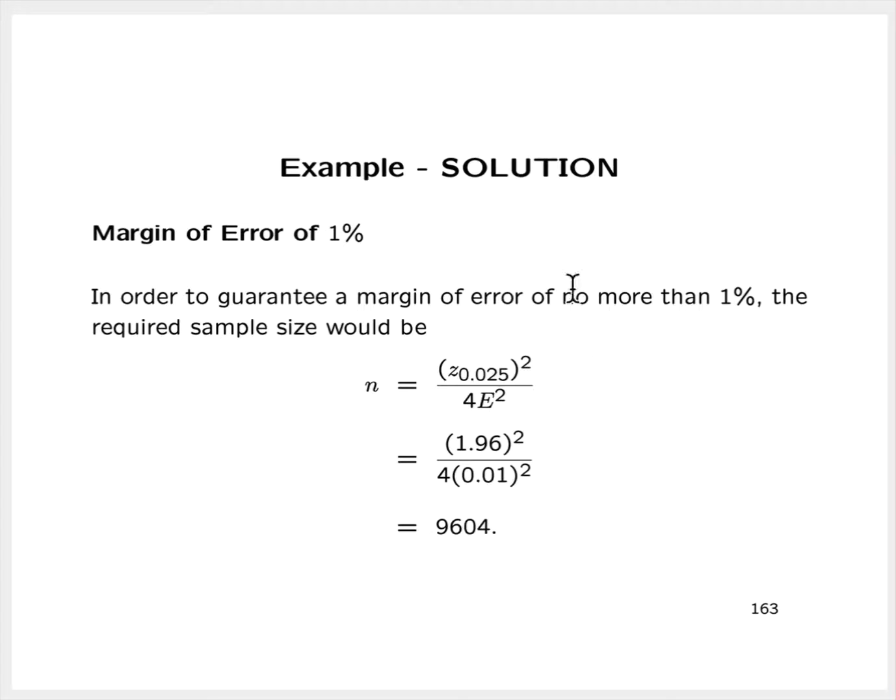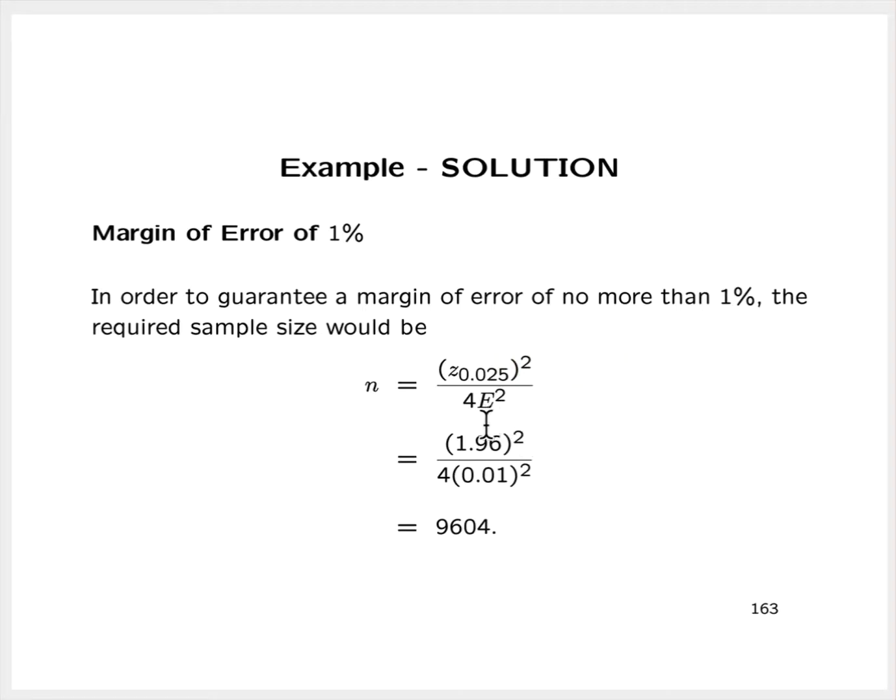And so if we require that the margin of error is no more than 1%, the required sample size would be given by this formula. So again, we're constructing a 95% confidence interval, and so the interval coefficient, the z-value, is 1.96. And remember, don't forget, we've got to square that value in the numerator.